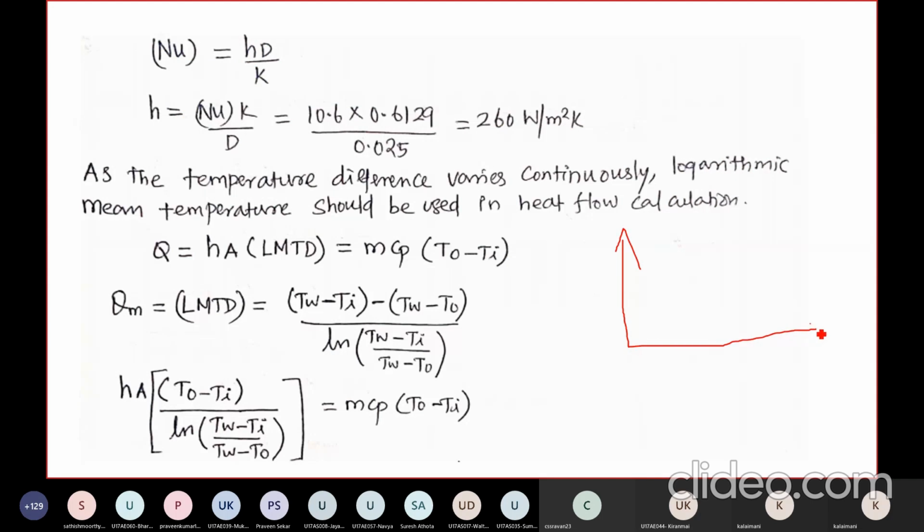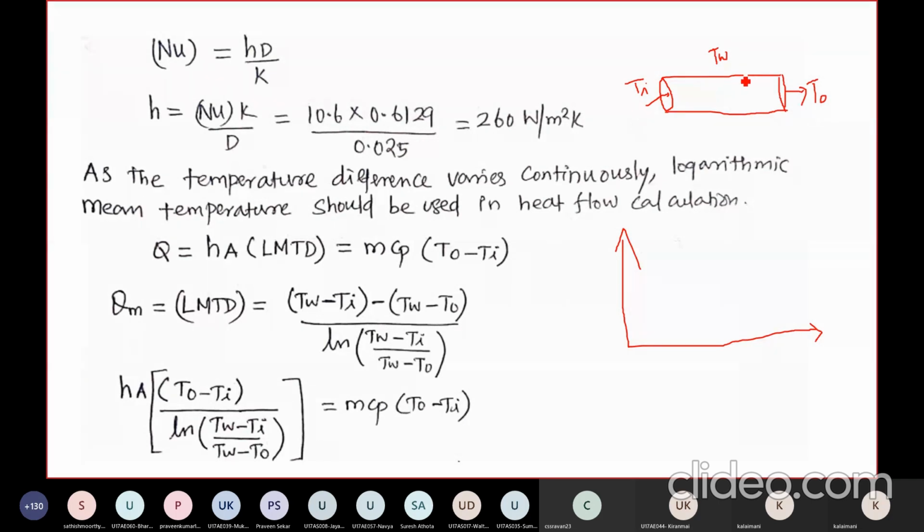If the duct or pipe is maintained at a constant wall temperature Tw, and the fluid has inlet temperature Ti, then it will have an outlet temperature To.